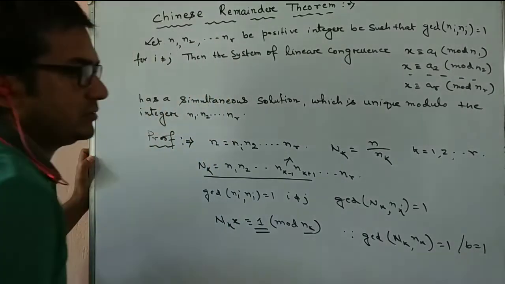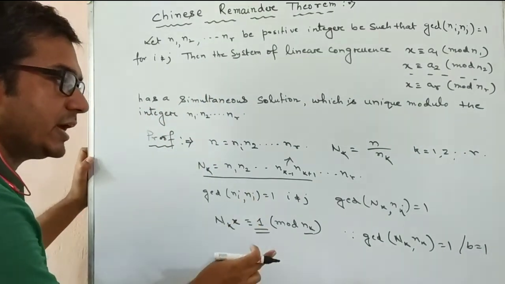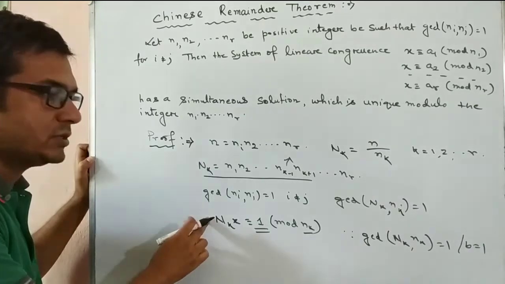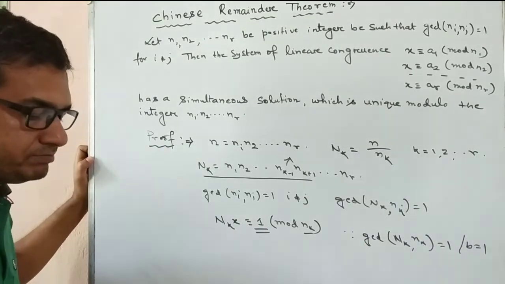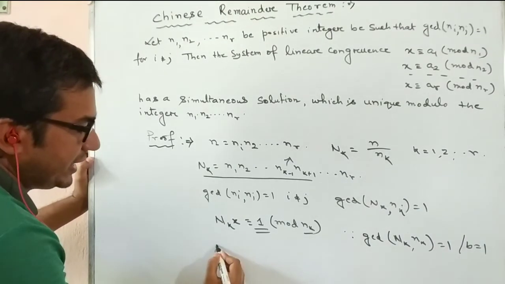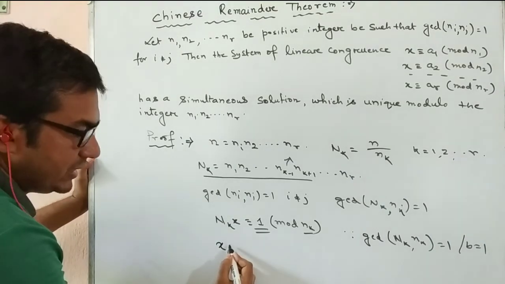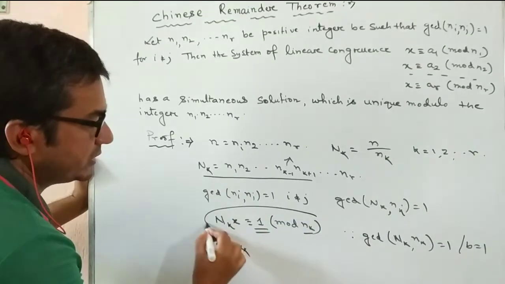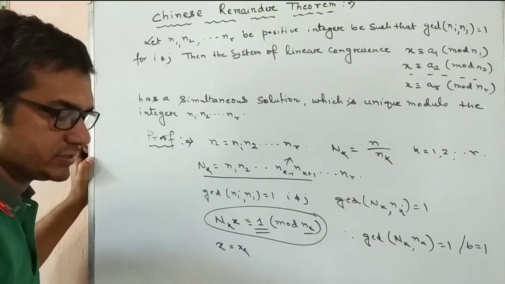This is b. It must have a solution, and it has a unique solution. We know this by the previous theorem.